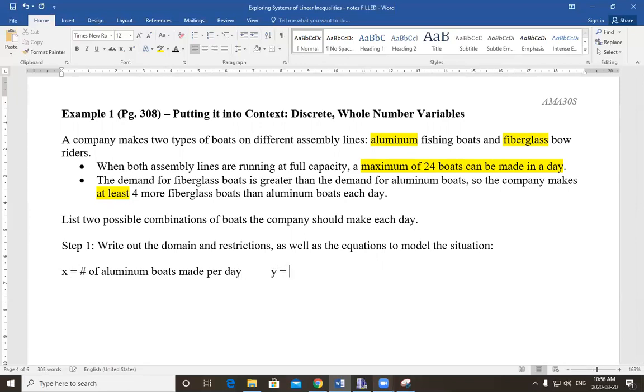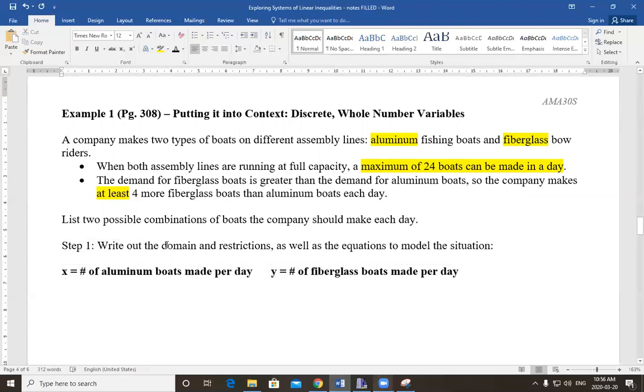Y would equal the number of fiberglass boats made per day. I guess it changes to the American spelling because Microsoft Word likes that. All right, so we have X and Y. So that's the first thing. We're going to write out our variables.